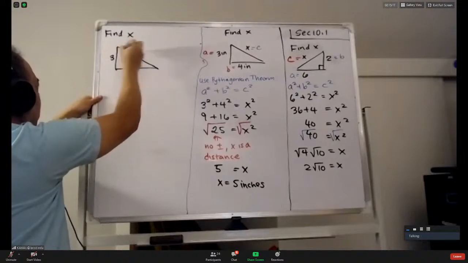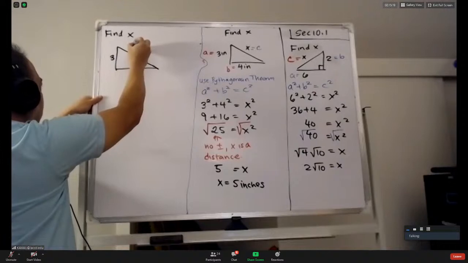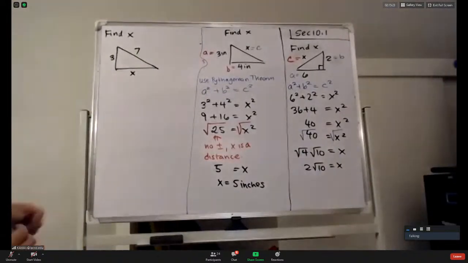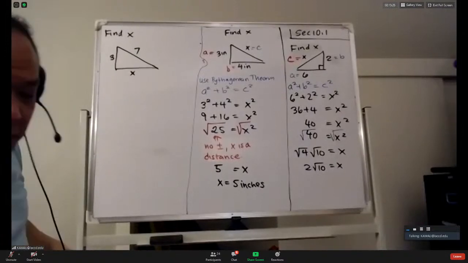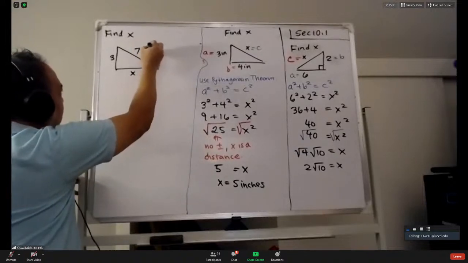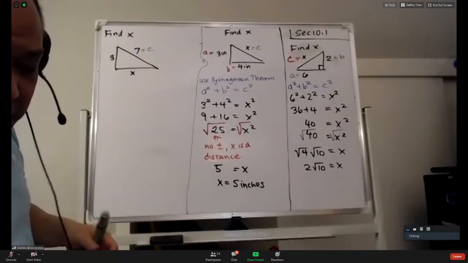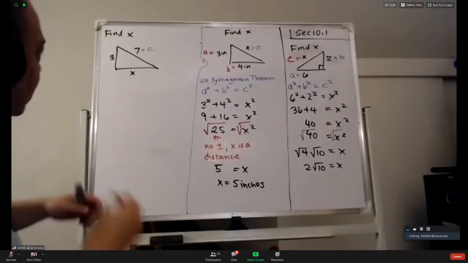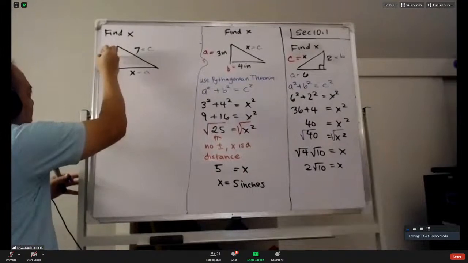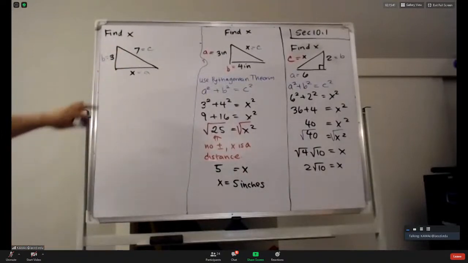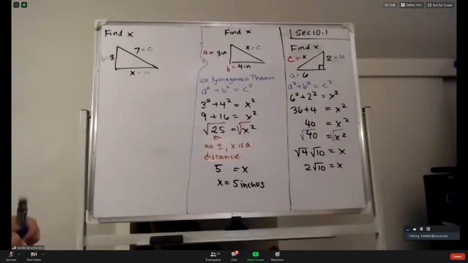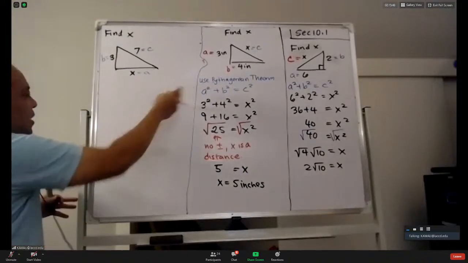Let's make this 3, and let's make this 7. Okay. So the difference between this and this is that my hypotenuse is an actual constant, but we'll make this one a so everyone's work looks the same. But I made one of the legs a variable. So go ahead and plug it into here and see what you get.